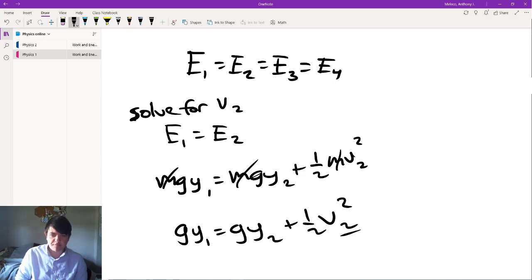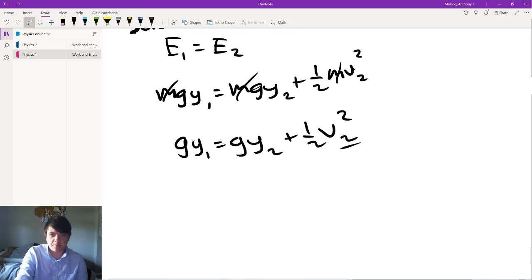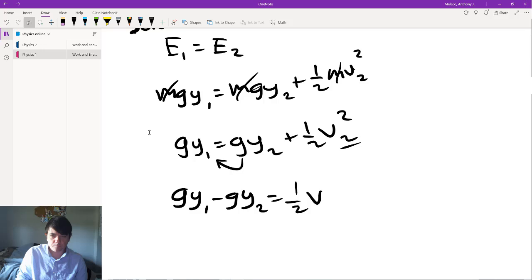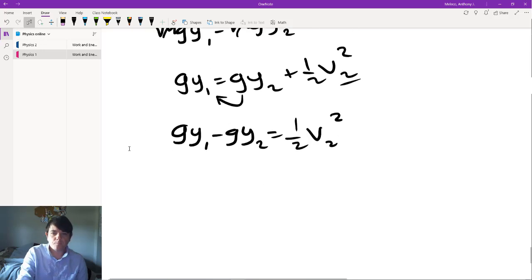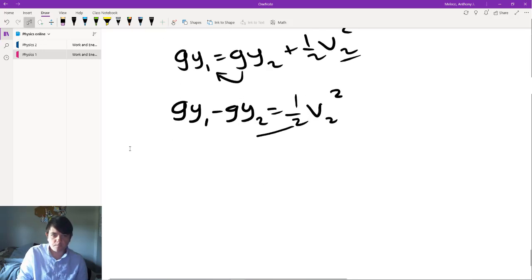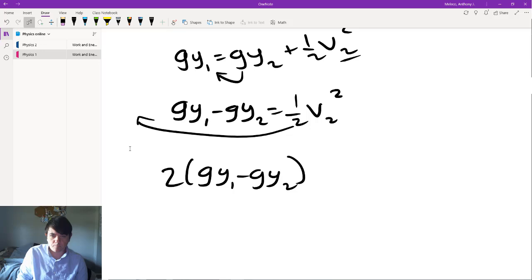And remember, we want to solve for this one, so I'm going to subtract this over here. I'm going to multiply over the 2. Take the square root.